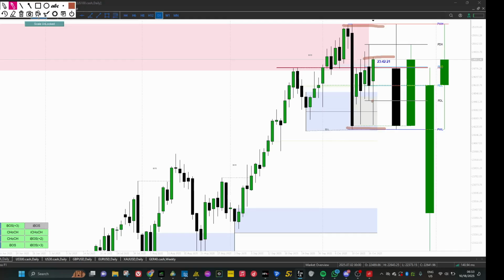What we did do is close the week above the previous week's open, which would have been this. So the previous week had opened right around here, sold down, closed down here.